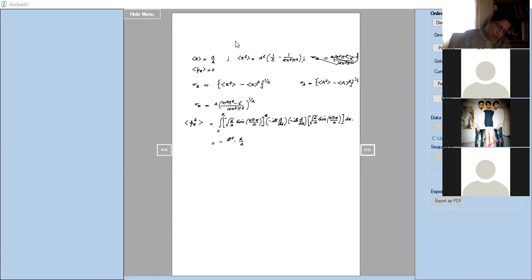And then you have integral 0 to a, you have a sine of n pi x by a, and then you have d square by dx square of sine n pi x by a, dx. Okay, so just try and go ahead and try and do this, please. I will put up the final answer. Just do this integration.